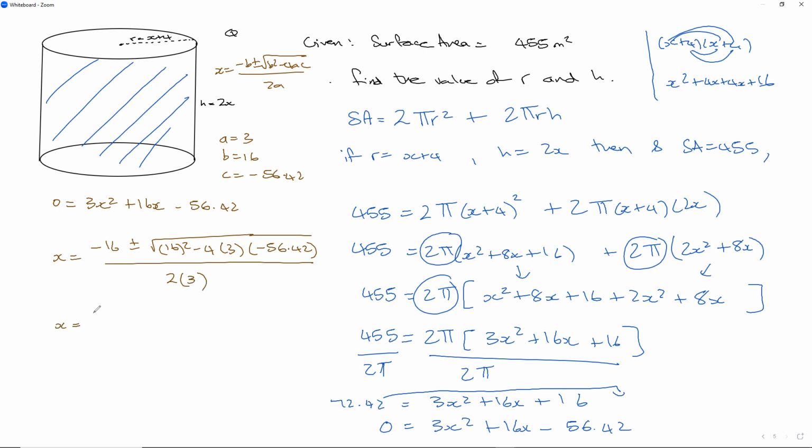And so I put that on a calculator, press the fraction button, negative 16 plus square root, bracket 16 close bracket squared minus 4 bracket 3 bracket negative 56.42, all inside the square root, divided by 2 times 3. And that comes to, with plus, 2.42.